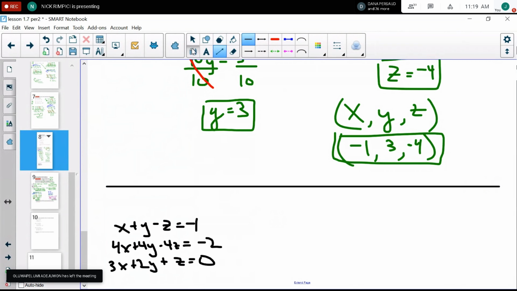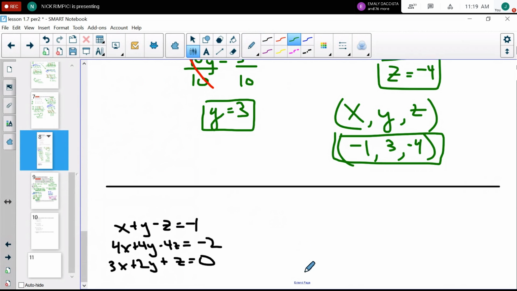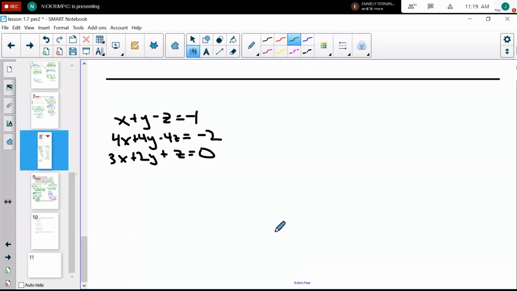Okay, so now we're looking at question 2. This is one of those questions where it's probably best to just use the elimination strategy, which we learned previously. Let me label these as equation 1, equation 2, equation 3, and you can pick 2 out of the 3 choices, and we'll work it out from there.